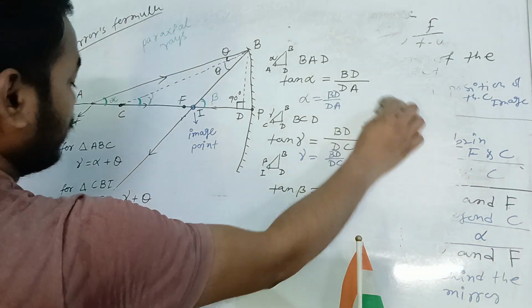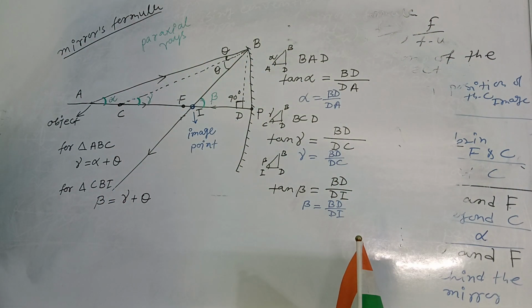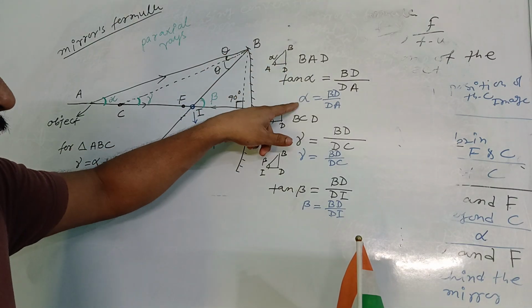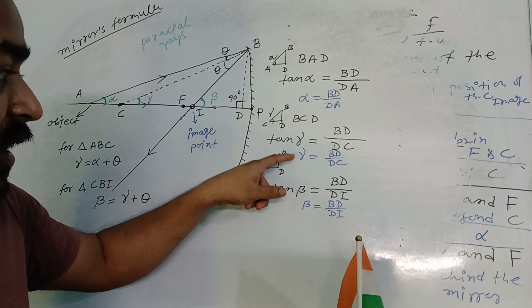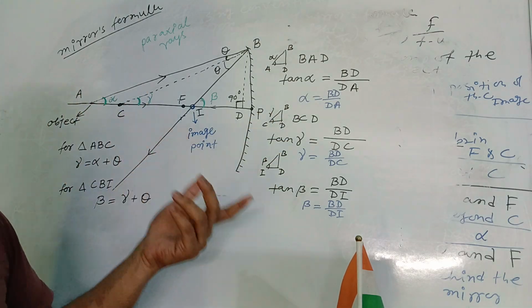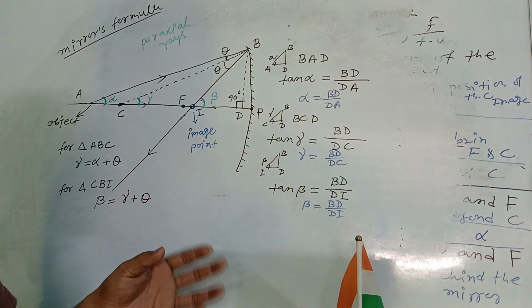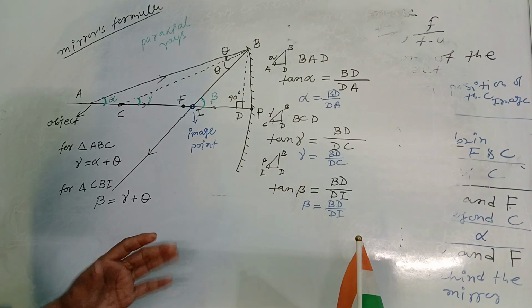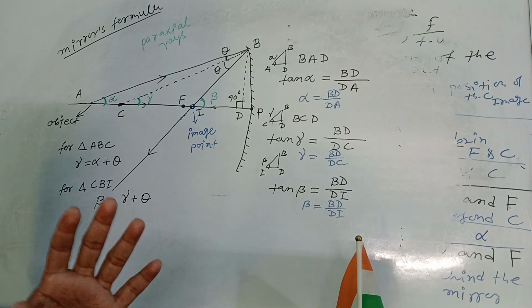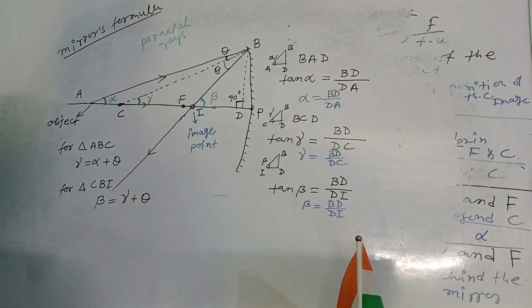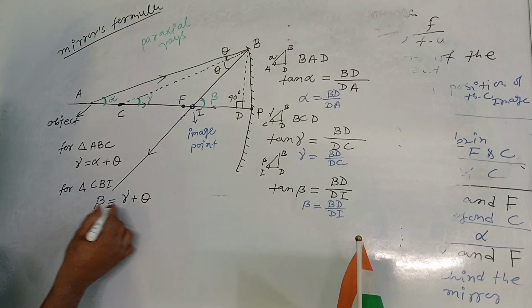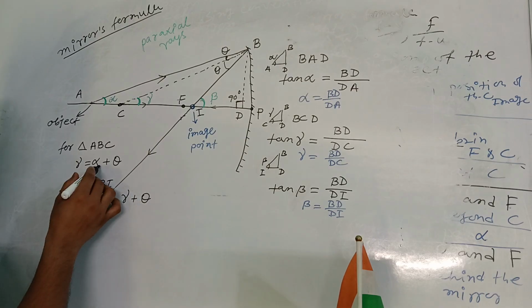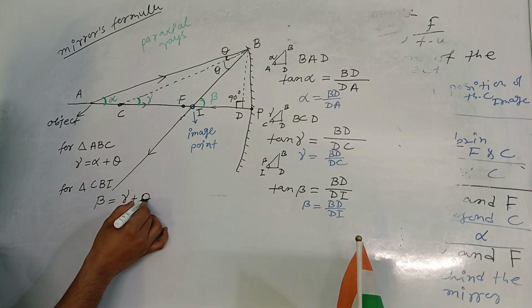Very interesting. So we have the relation between alpha, beta, gamma. Sir, we don't need theta, so we can do one thing: substitute the value of theta and eliminate it to create a relation.